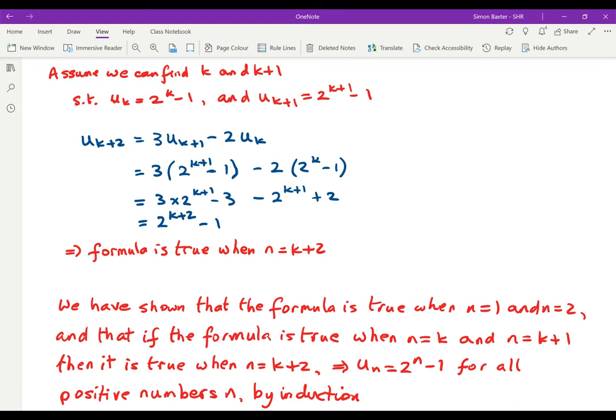And we have shown that the formula is true when n equals 1 and when n equals 2. That's the important thing with these. And that if the formula is true when n is k and n is k plus 1, then it will also be true when n is k plus 2. This means that we have shown that un is 2 to the n minus 1 for all positive integers n by induction.